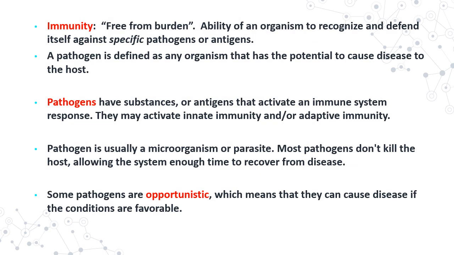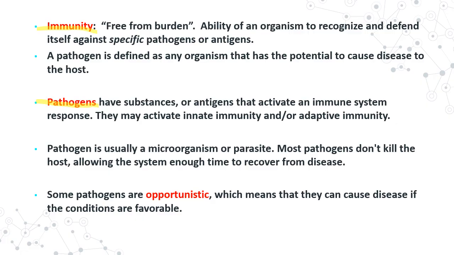Okay, so important terms for this overall immunology class. The first one is immunity. When you have immunity, you are free from disease, free from burden. That is what it means in Latin, I think. Pathogen is the stuff that is going to breach your immunity and cause disease.